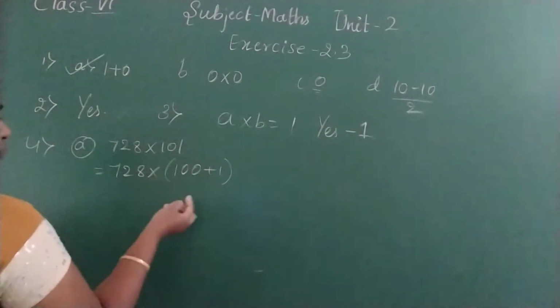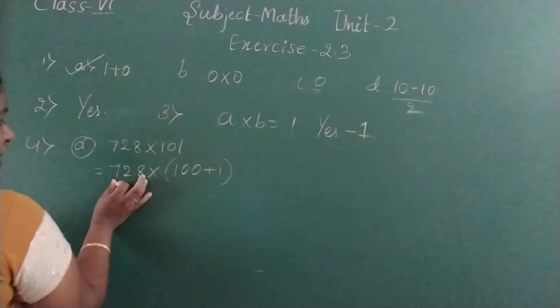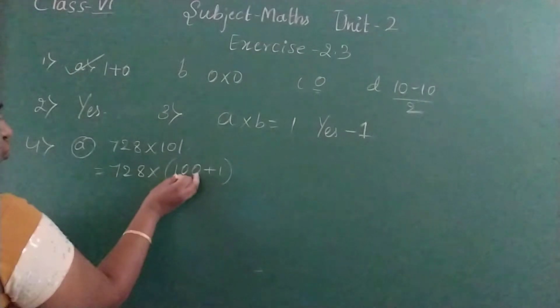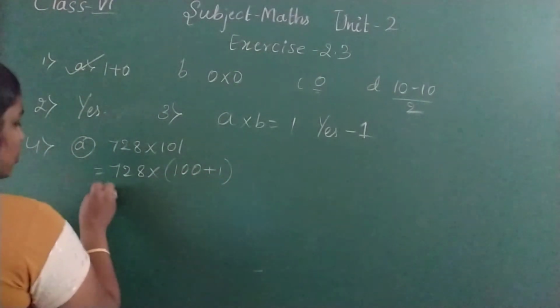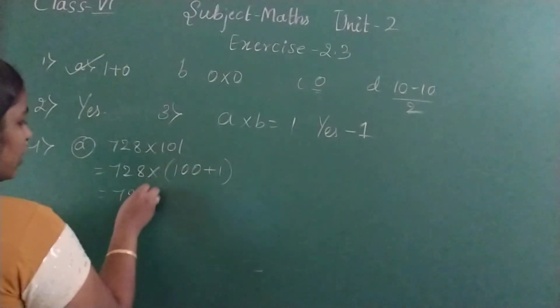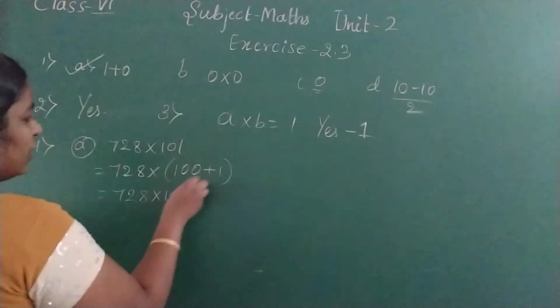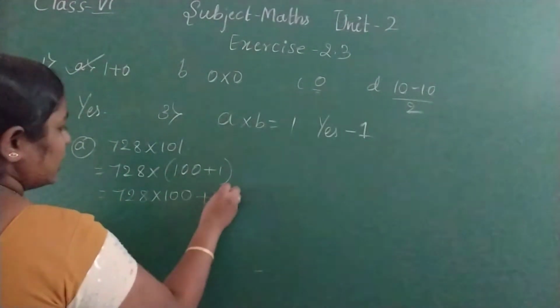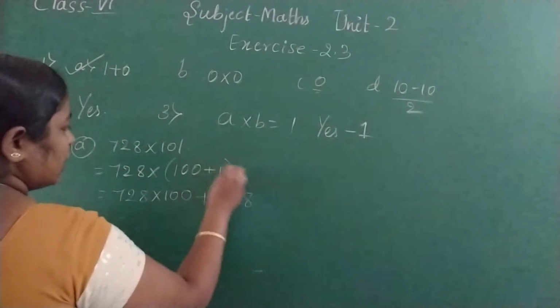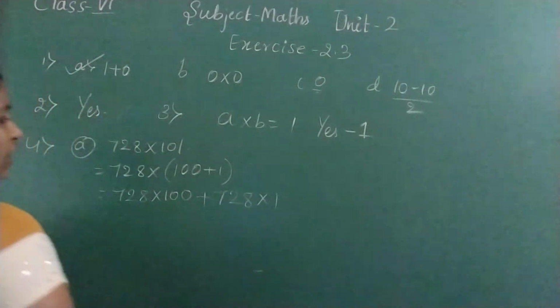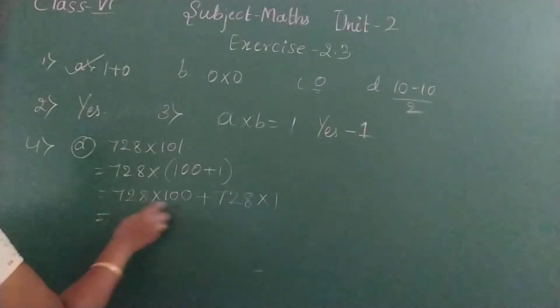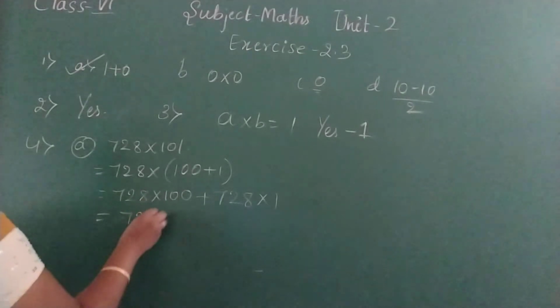So multiply both. This 728 can be multiplied to 100 also and to 1 also. So 728 into 100 plus again 728 into 1. So this is very easy.